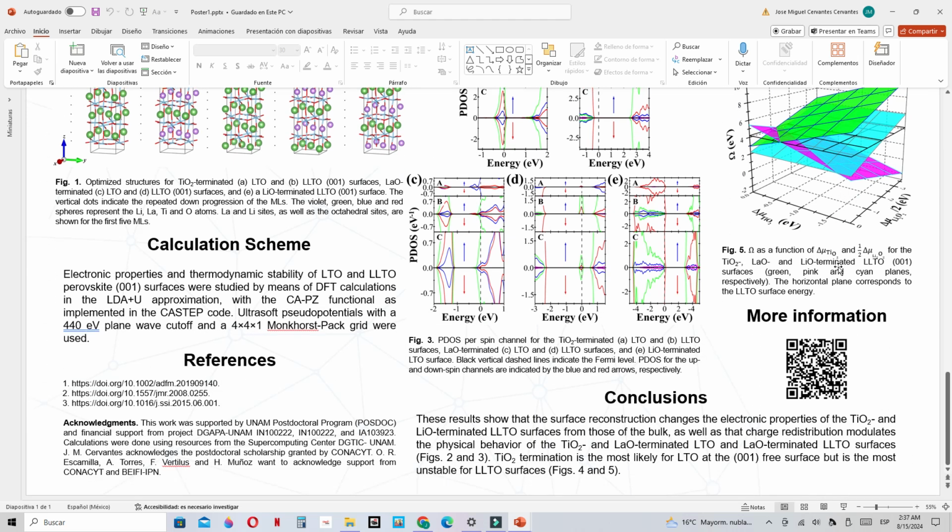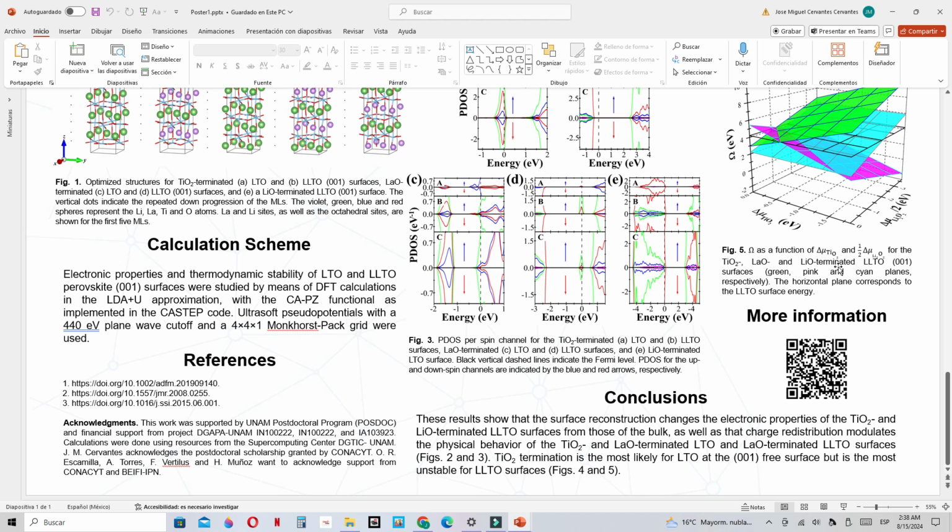Conclusions. These results show that the surface reconstruction changed the electronic properties of the titanium dioxide and lithium oxide terminate LTO surfaces from those of the bulk, as well as that charge redistribution modulates the physical behaviors of the titanium dioxide and lanthanum oxide terminate LTO and lanthanum oxide terminate LTO surfaces.